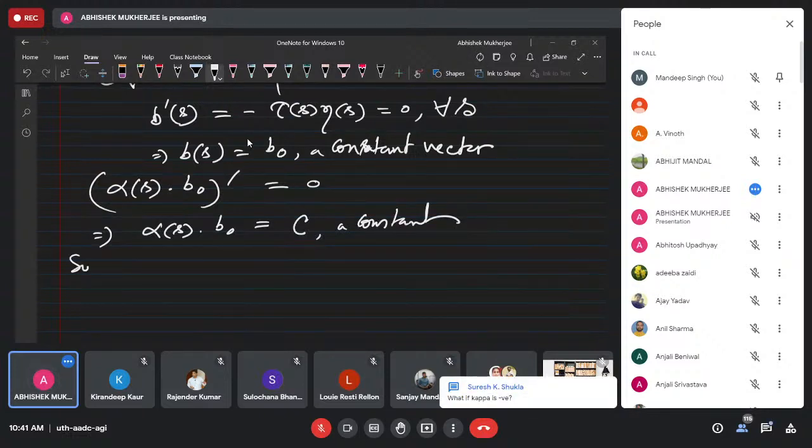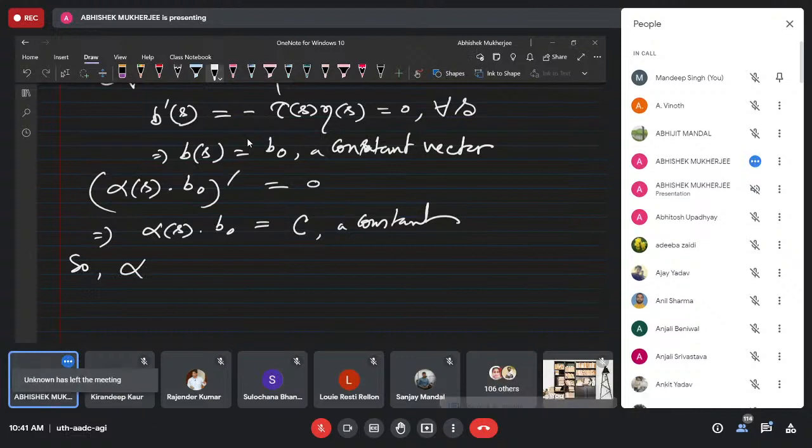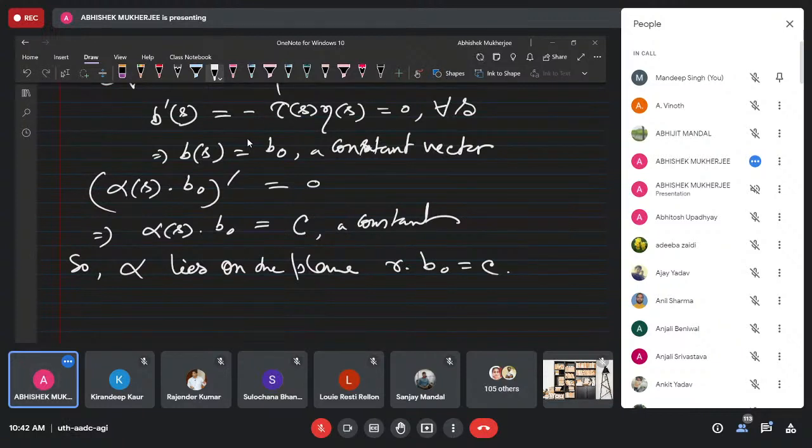So alpha lies on the plane equal to c. Okay.